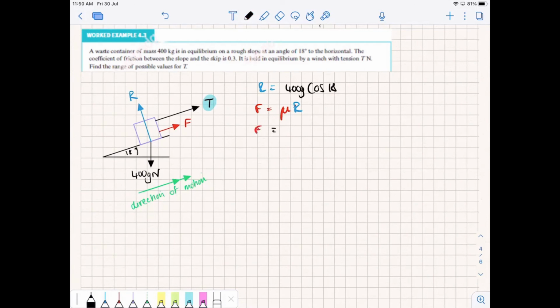So if you want to be clever, you can just say it's going to be 0.3 times 400 g cos 18 degrees. At the end of the day, we want to calculate the tension, hopefully in one step, without having to recall functions on our calculator.